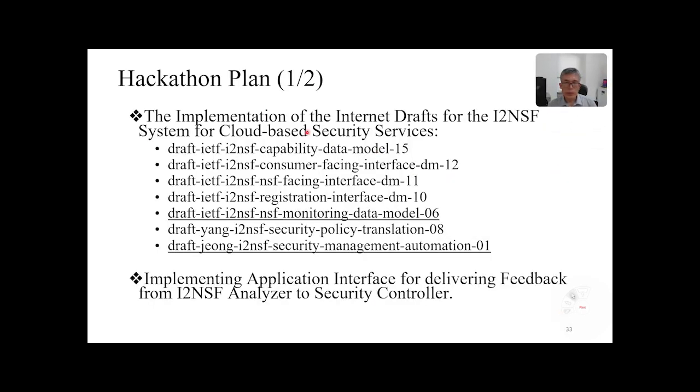Hackathon plan: the implementation of the Internet drafts for the I2NSF system for cloud-based security services. We used those drafts, and especially we updated the underlined draft, implementing the application or analytics interface for delivering feedback from the I2NSF analyzer to the security controller.